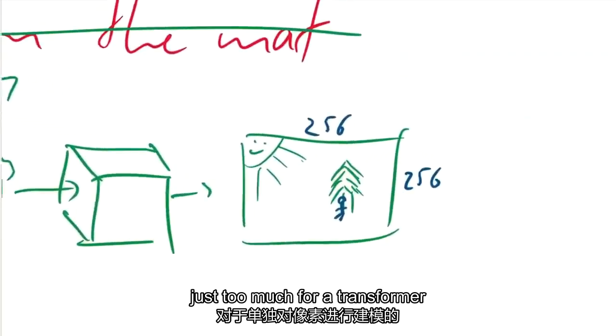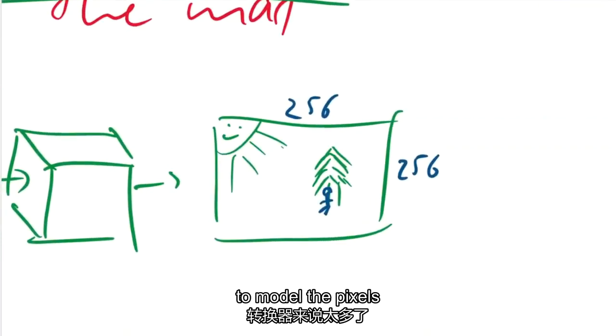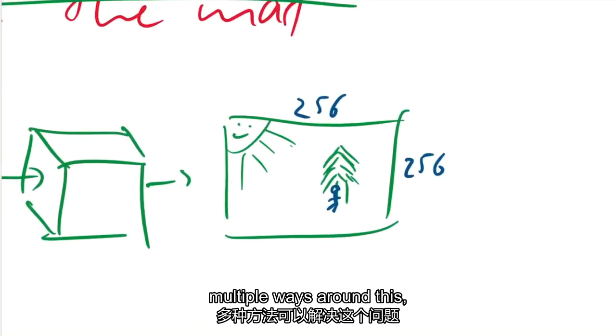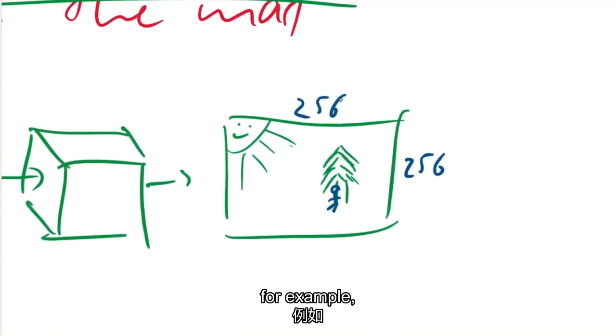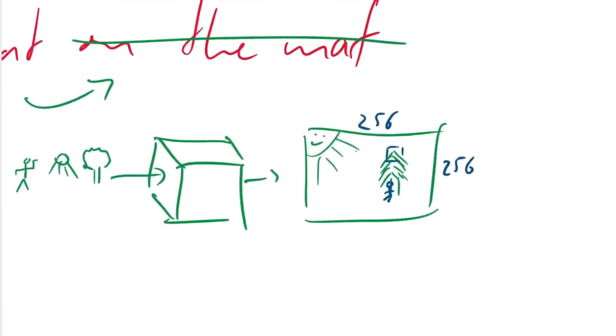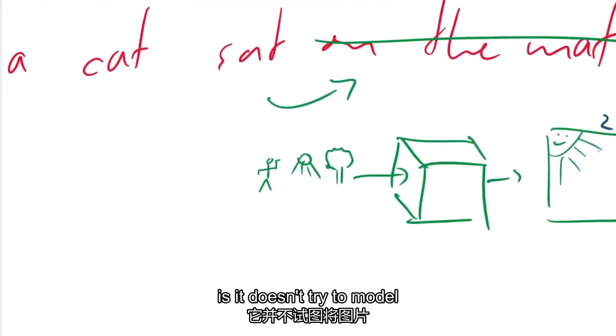This is just too much for a transformer to model the pixels individually. There are multiple ways around this, for example modeling little regions, which are not really satisfactory. So what this model does is it doesn't try to model the picture as such.